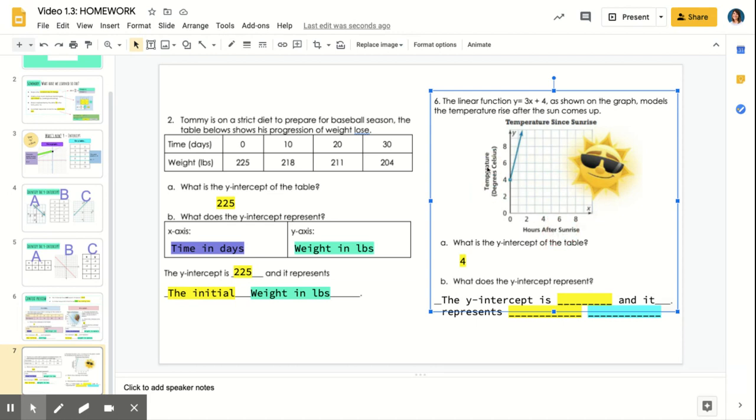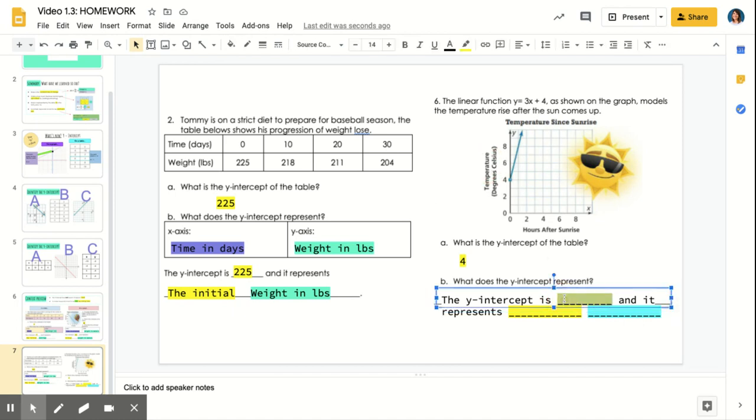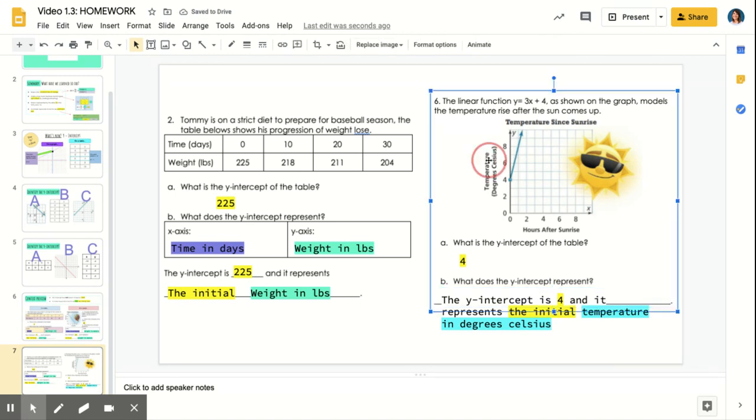The temperature in degrees Celsius. So the y-intercept is 4, and it represents the initial temperature in degrees Celsius. Where did I get that? Right from here.